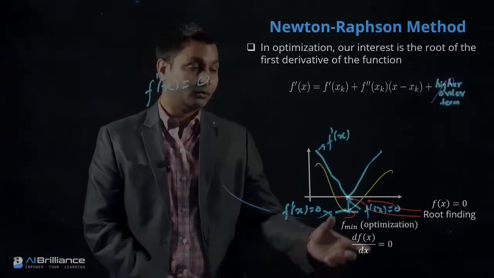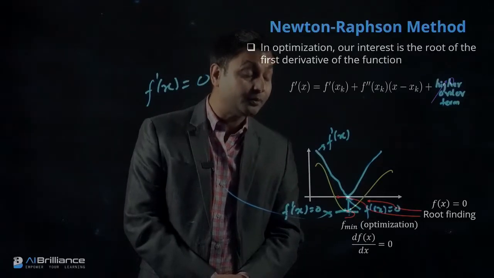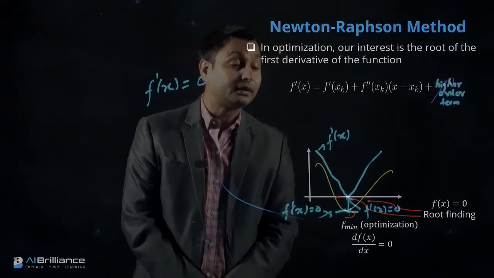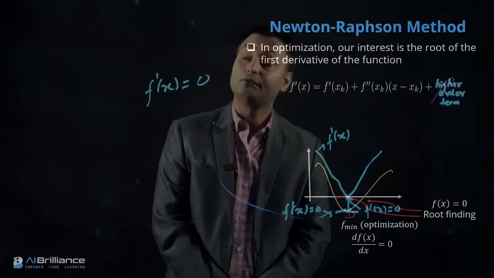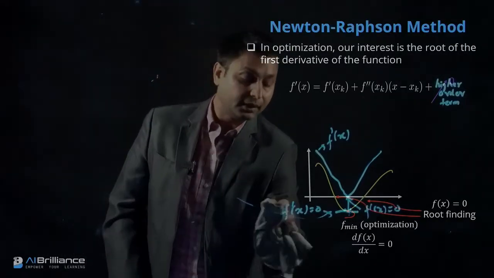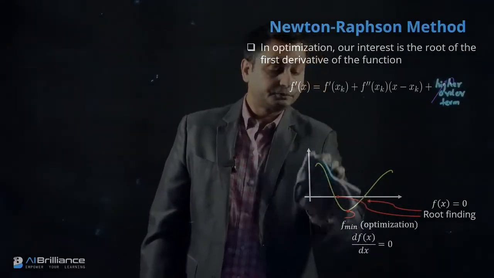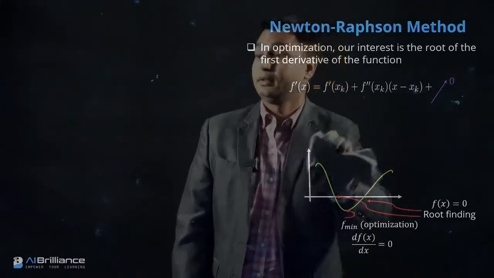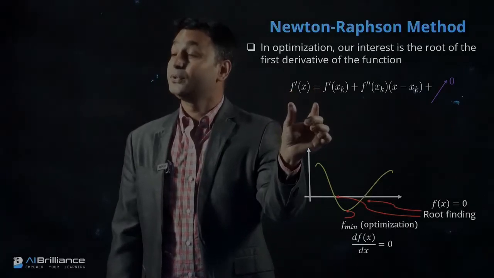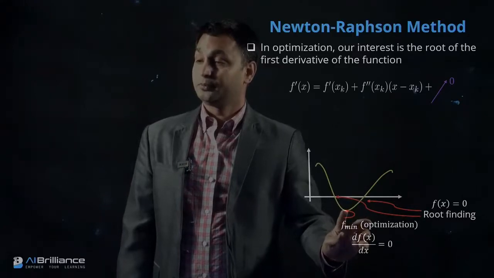So what we are doing is converting an optimization problem into a root finding problem, but instead of taking f(x), we are finding the root of f'(x), the first derivative of f(x) itself. And this is why I took the derivative: we have converted this problem into finding the root of f'(x). Now I will set this equal to 0, and that will give me an iterative scheme to find the location of this point rather than this point.